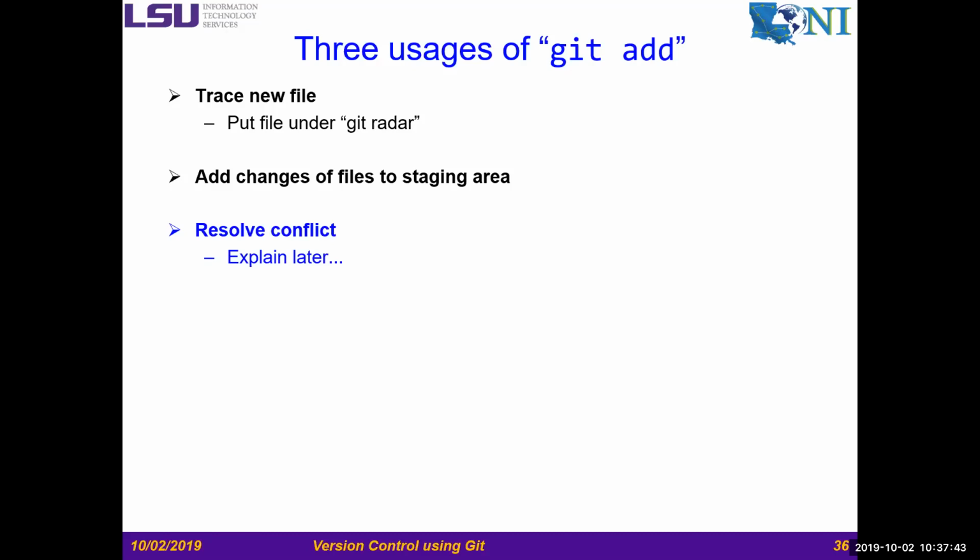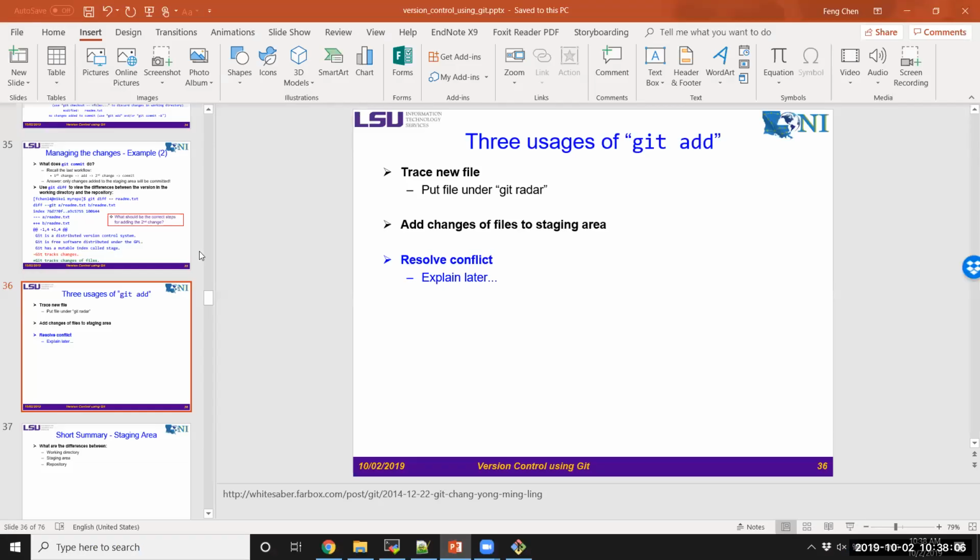These are the two usages. The last one is to resolve a conflict. There are actually three usages of git add, and we will use the last one when we talk about git branch.